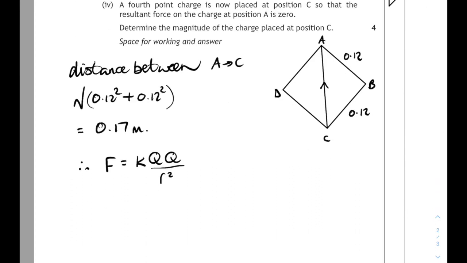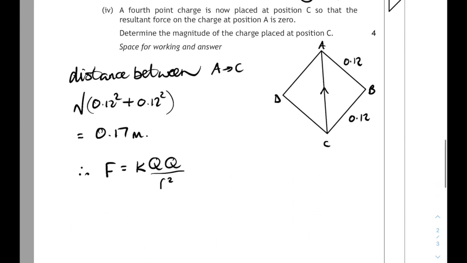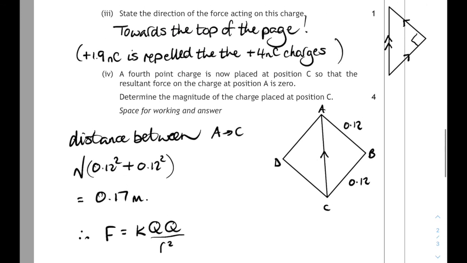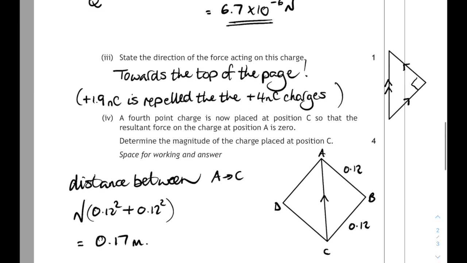And then if we use our Coulomb's Law equation, now we want the resultant force to be 0. So therefore, this charge at the bottom at position C has to have an equal but opposite force to the force that's on the charge at position A. Now we know what that force is, because we worked it out in the previous part of the question.